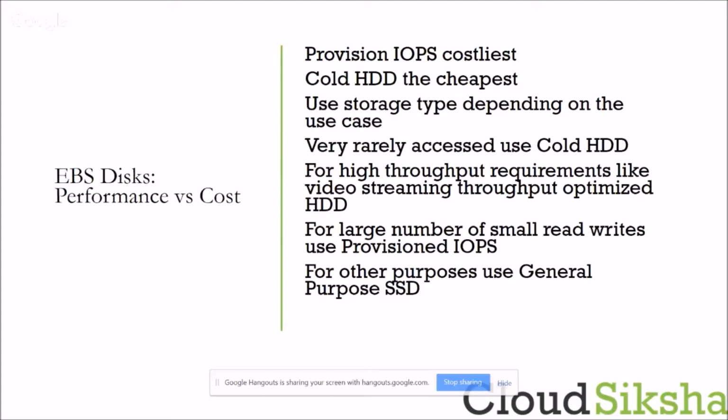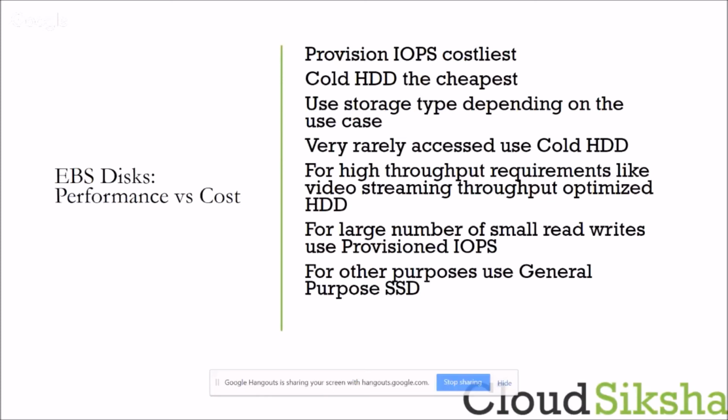And normal HDD, you can go for when you have a small database with not too many reads and writes happening. And in all other general purpose cases, you can look at the general purpose SSD. So whenever they ask you about cost from the perspective of disks, look at what the application is, and accordingly take it.